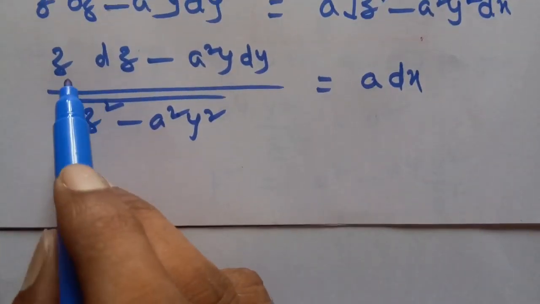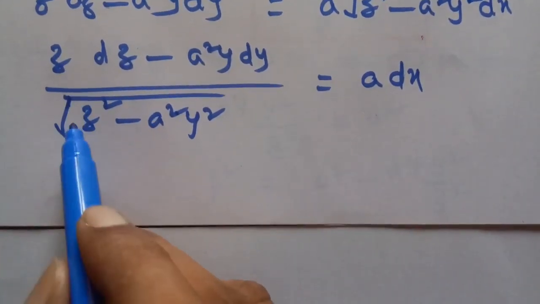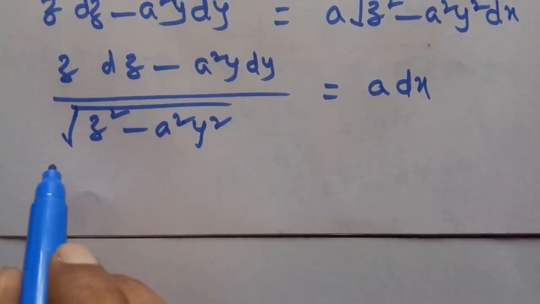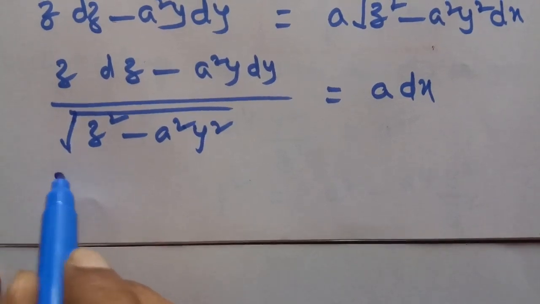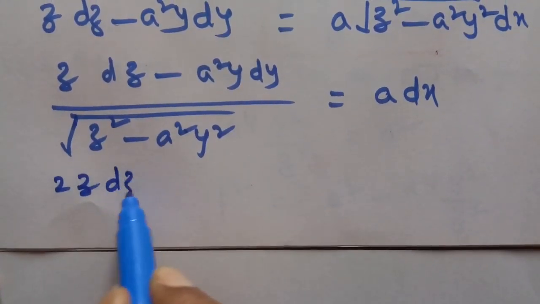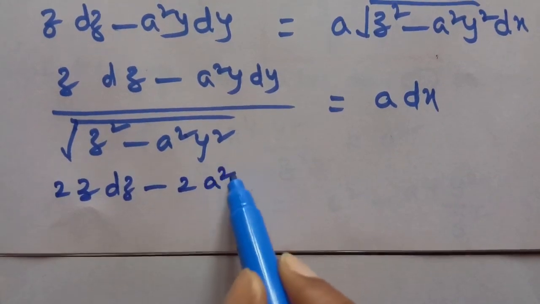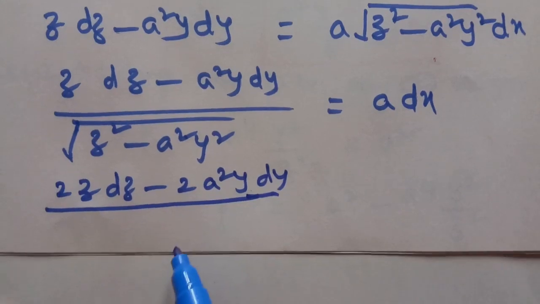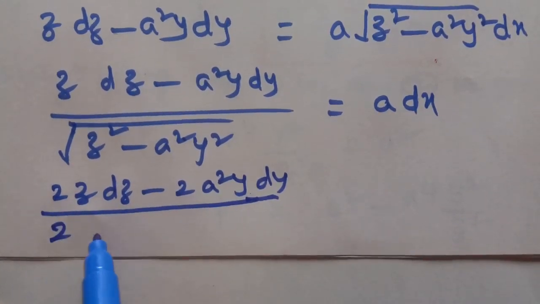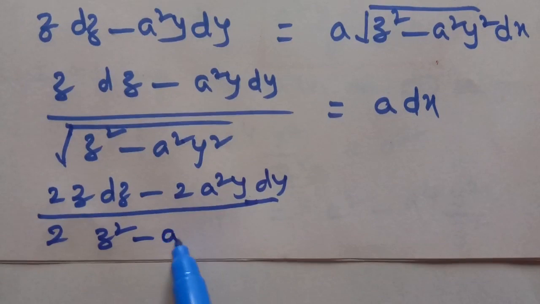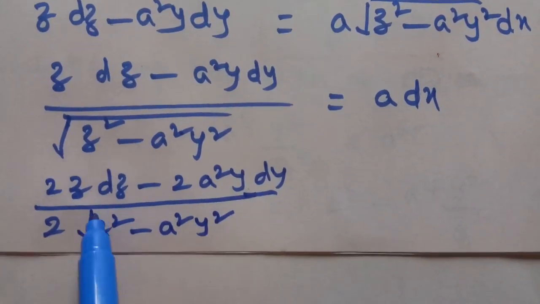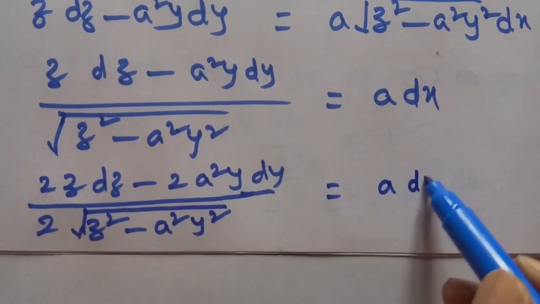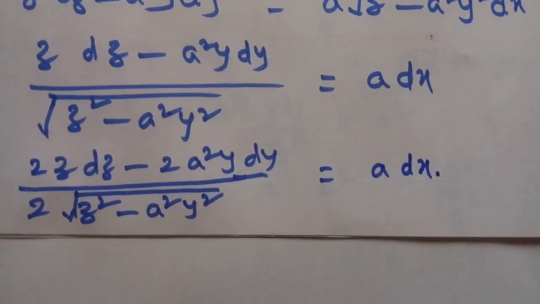On the left hand side, multiplying both numerator and denominator by 2, this can be written as 2z dz minus 2 a square y dy by 2 into root of z square minus a square y square is equal to a into dx.